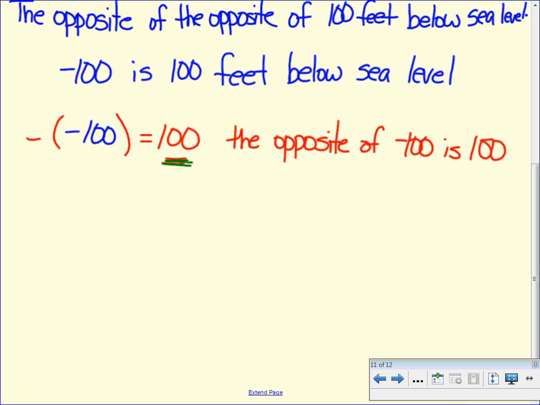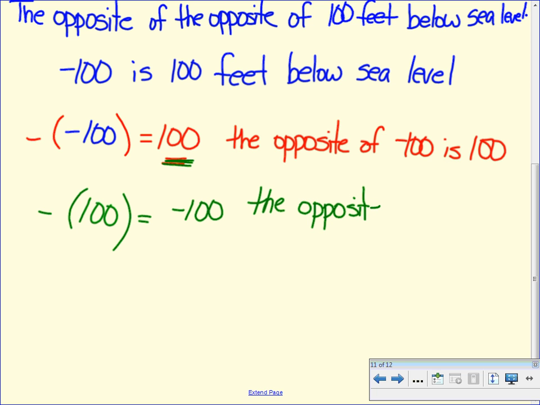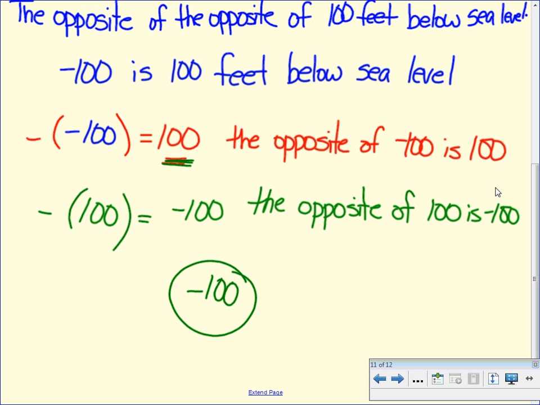I now have 100. So I'm going to take 100 and now find the opposite of that. So what is the opposite of 100? Negative 100. So our final answer would be negative 100.